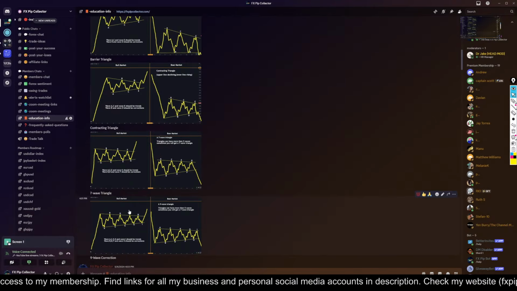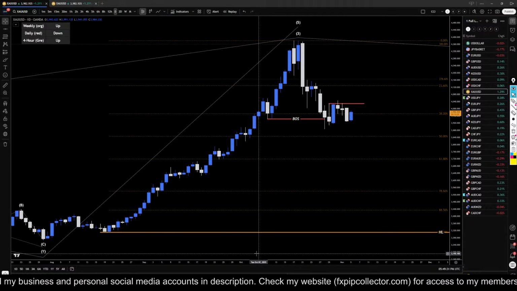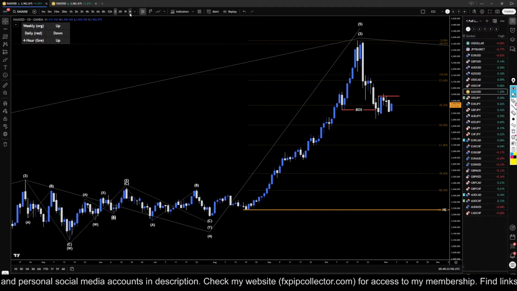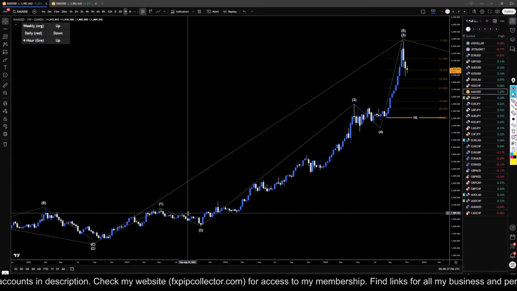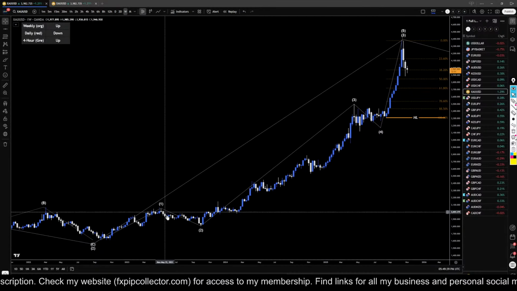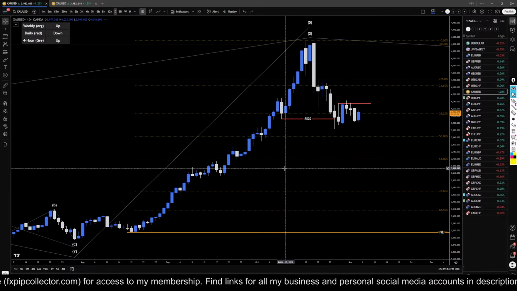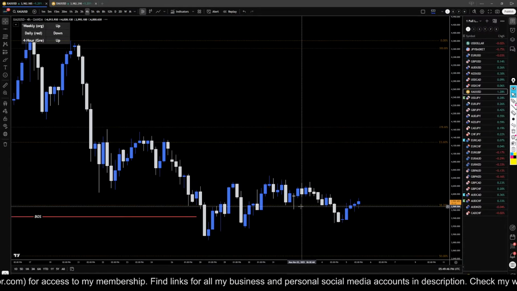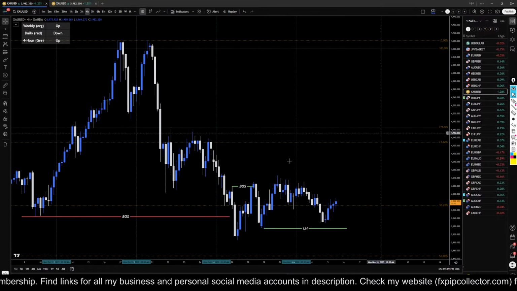Some of this stuff is very, very hard to forecast. And when you know that something is going to be a complex pattern, there are a lot of different patterns it could form. It could form any one of those patterns. And I think it is going to be a complex pattern, because wave two was a very traditional pullback. So I think this wave four is going to be either a triangle or a WXY, or it's going to be a hard pattern to read along the way, in my opinion.